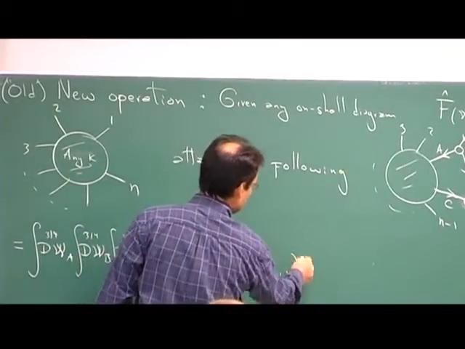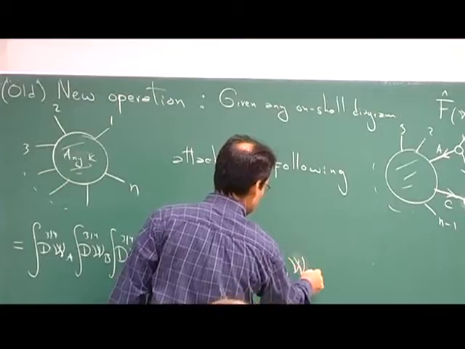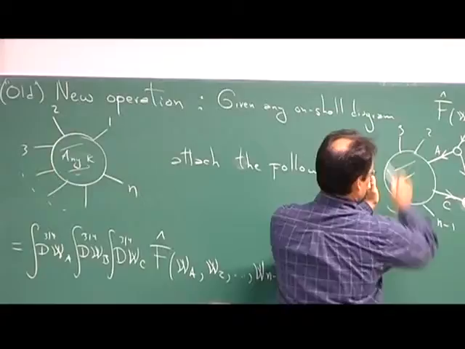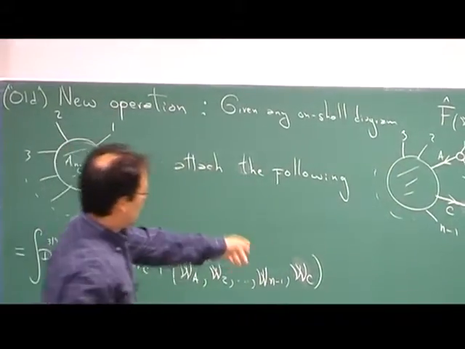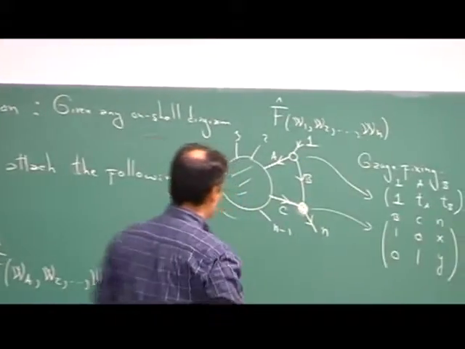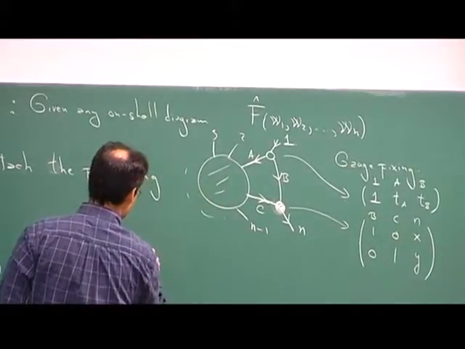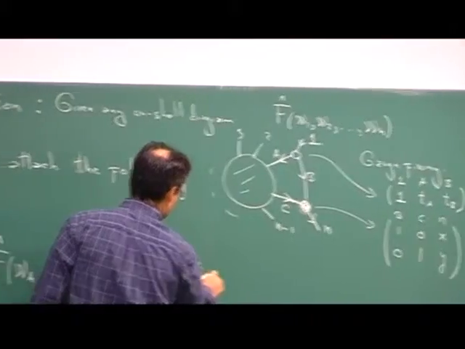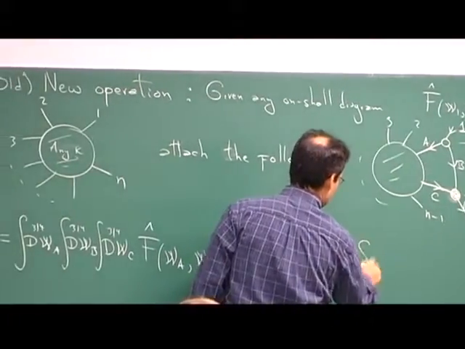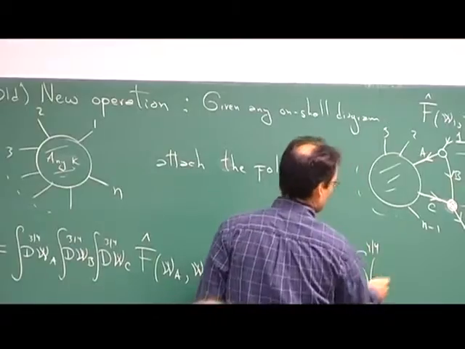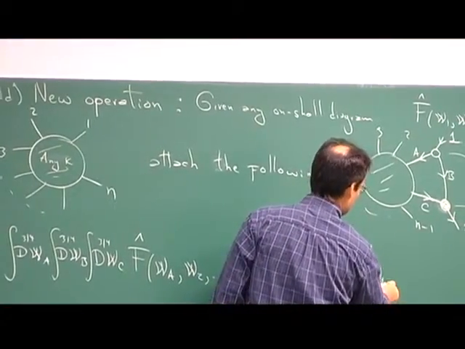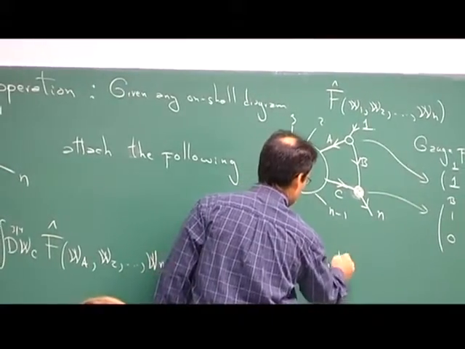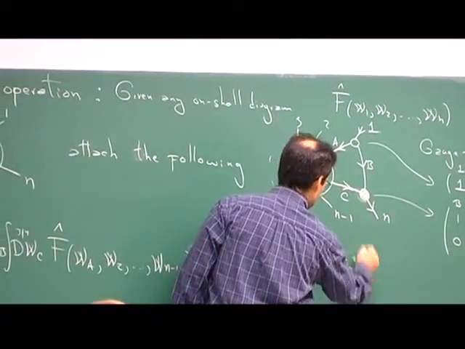It's not Wn, but WC that appears here. Right? But I also have to put in these factors. So what are they? Well, the first one gives me an integral dtA over tA, dtB over tB, delta 4|4 of W1 plus tA WA plus tB WB.